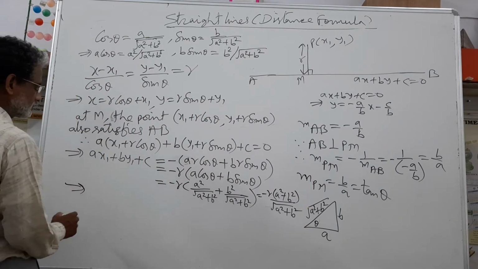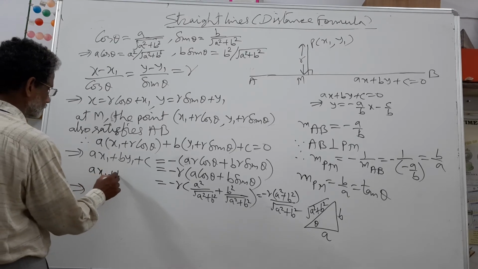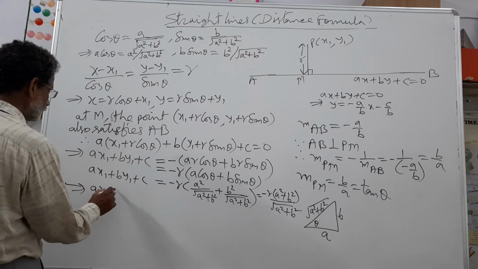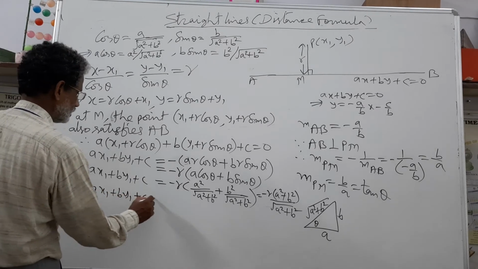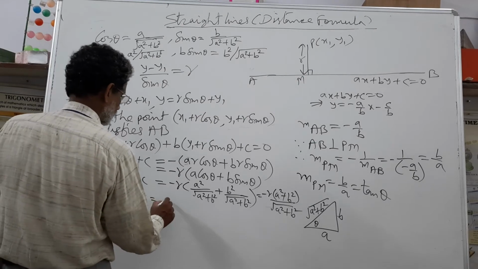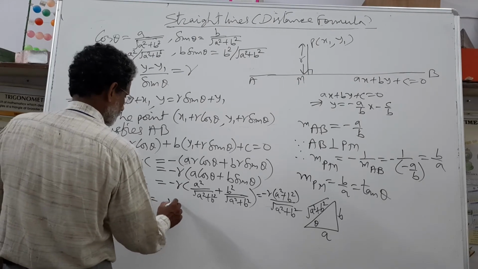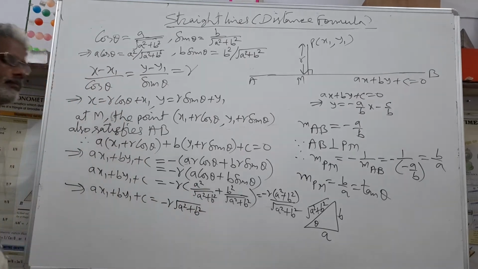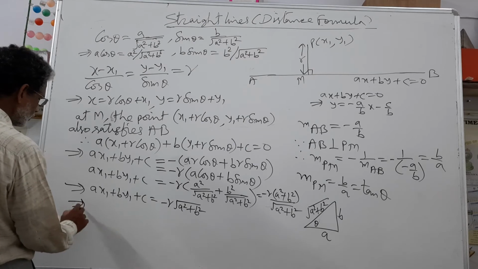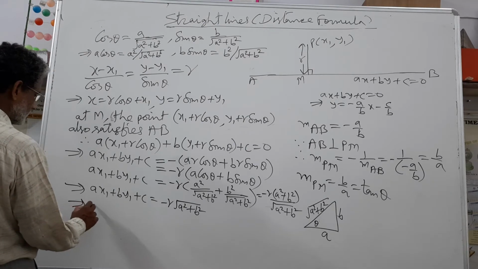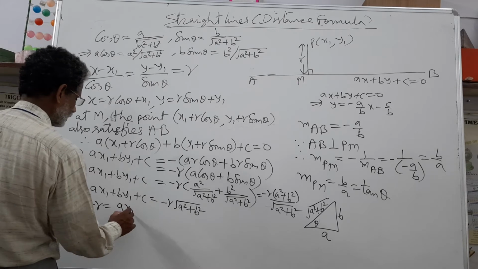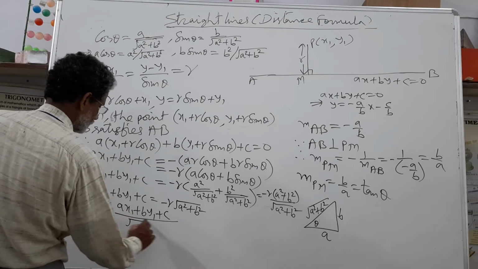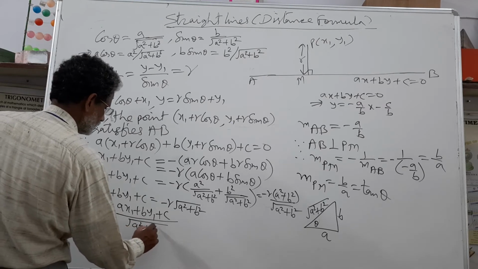This implies Ax1 plus By1 plus C is equal to minus r under root A square plus B square. This implies minus r is equal to (Ax1 plus By1 plus C) upon under root A square plus B square.